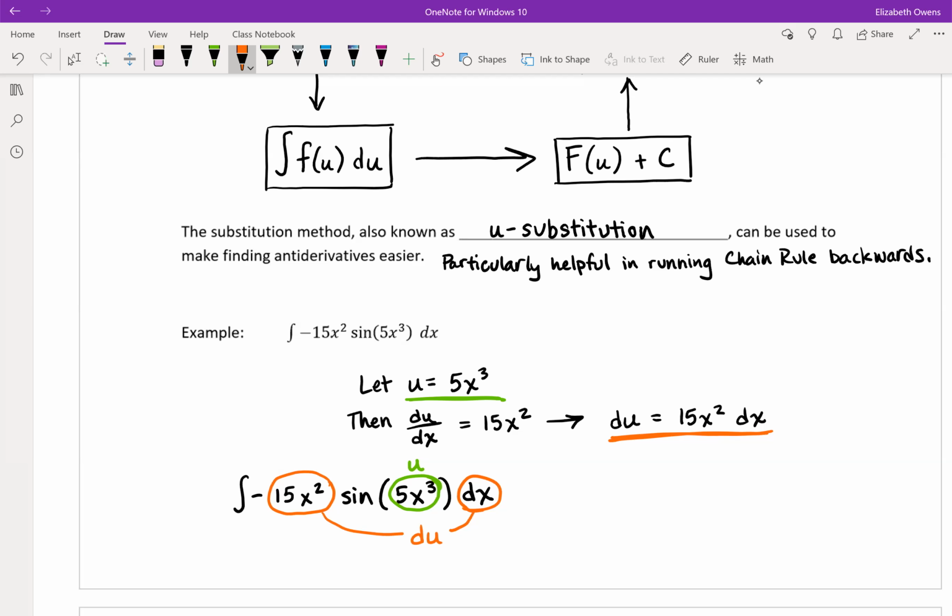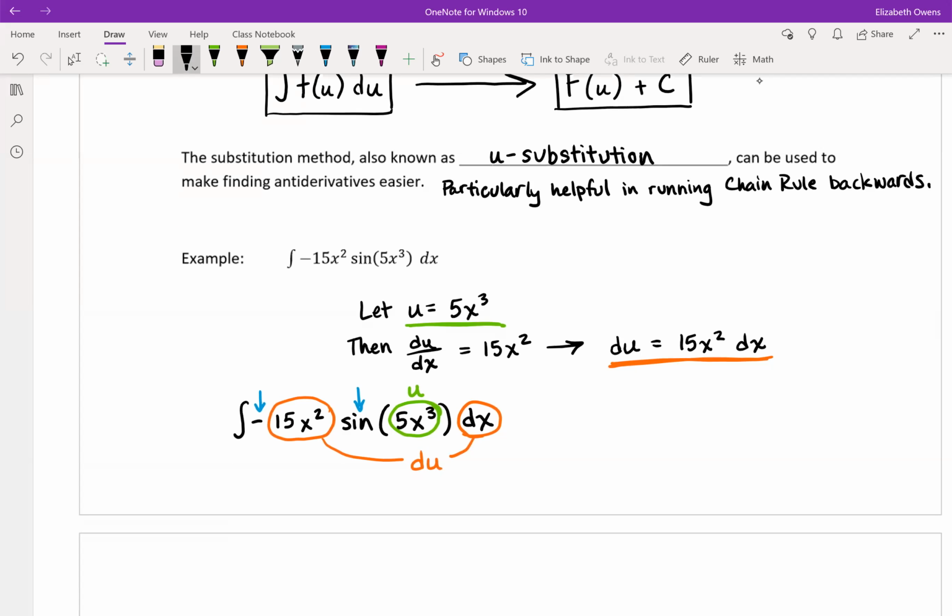Okay. So notice that there are a few things left over. We've still got this negative and we've still got this sine function. That's okay. We're just going to carry those along to the new integral. All right. So this is going to equal the integral of negative that comes along.